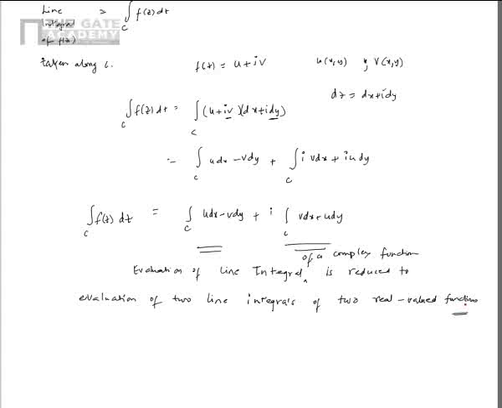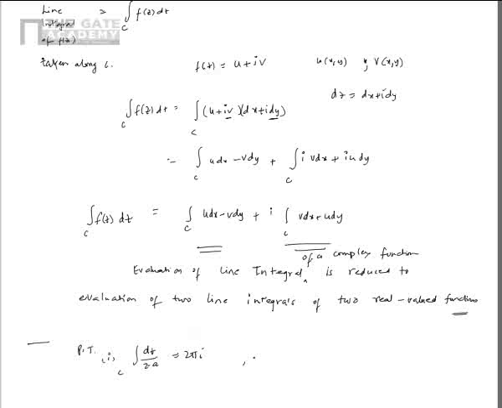Now let's solve one problem. Prove that the integral of dz over z minus a is 2 pi i. This is the first bit we need to prove.